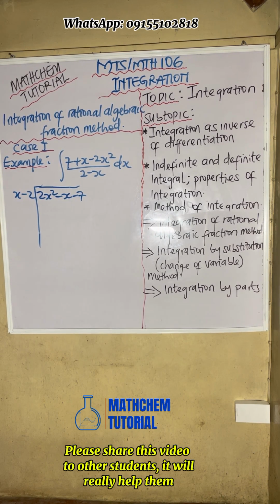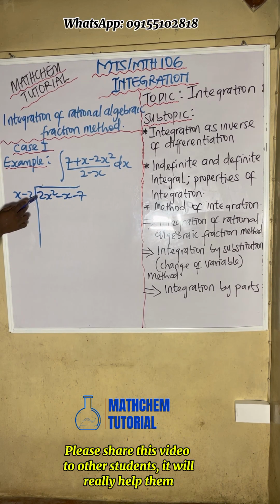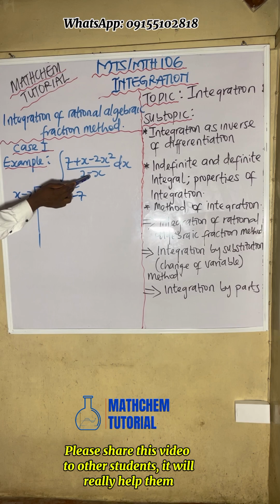I only rearranged it by allowing the 2x squared to come first, then this, and then this last. Then the minus is here, so I divide through by minus and got this. The same thing for the denominator: I allow x to come first, then the 2 follows, and I divide through by minus. It's still the same thing. You only rearrange the question.